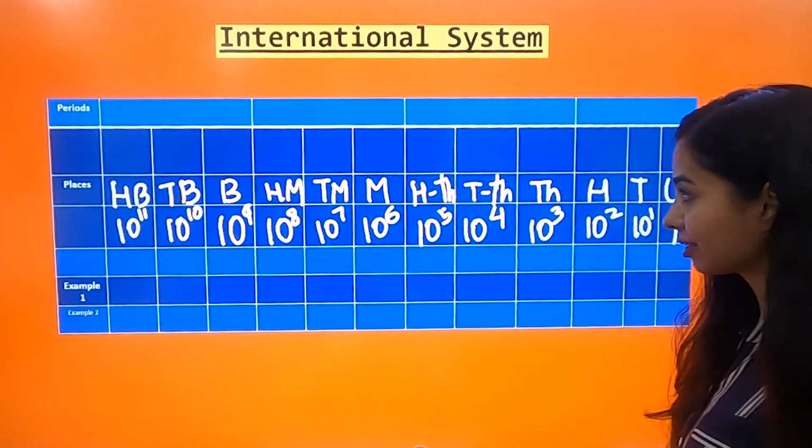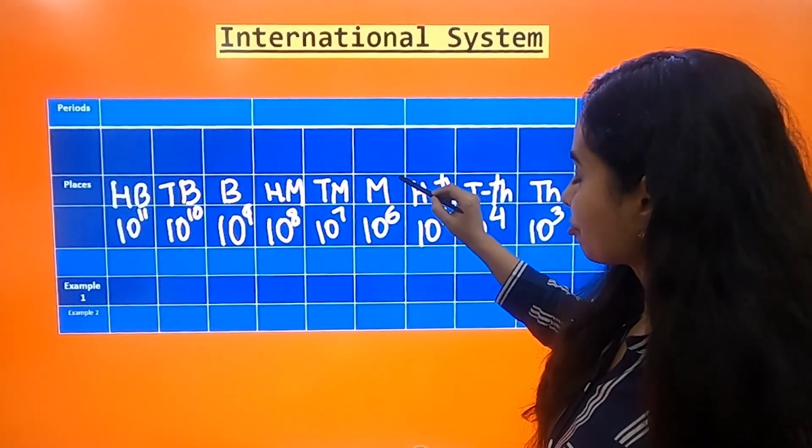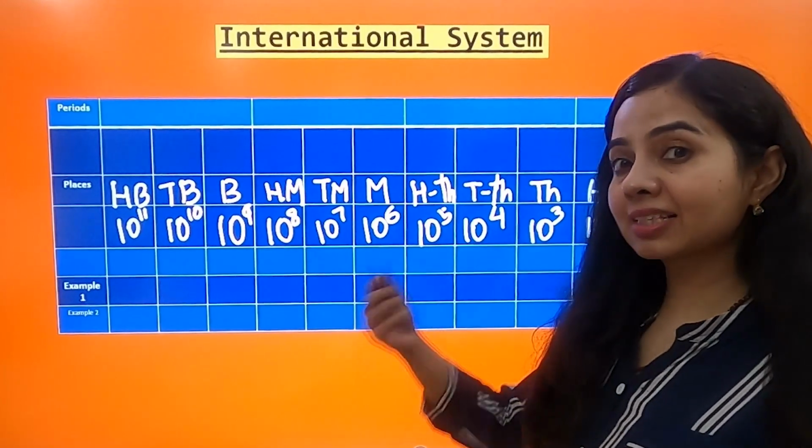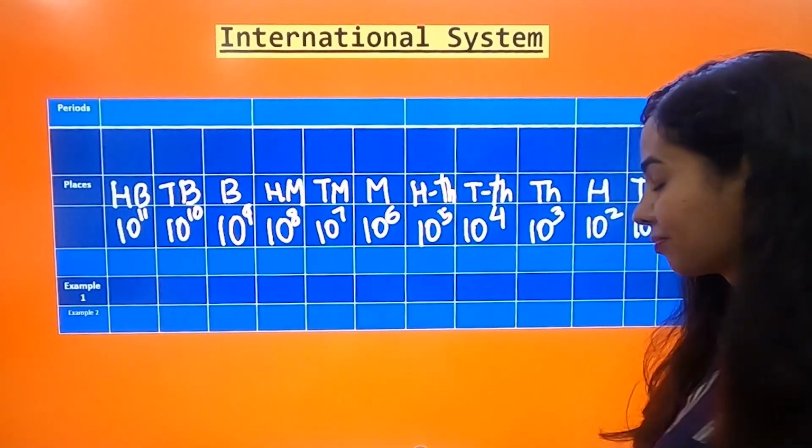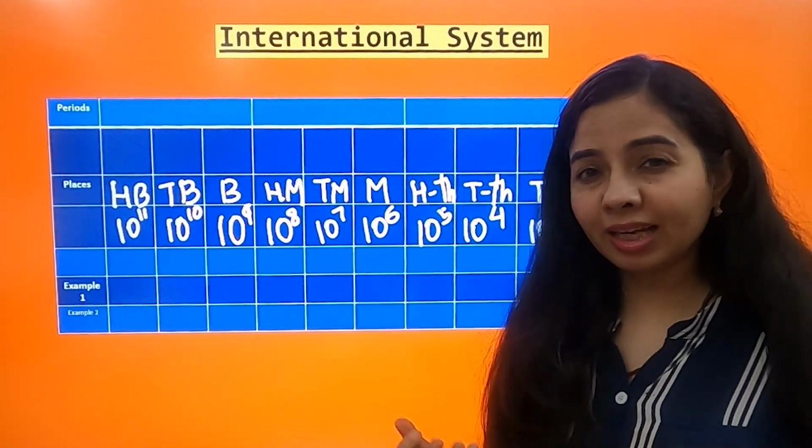That is 11 zeros, right? This you should try to remember that in million there are 6 zeros. Okay, this will really help you.